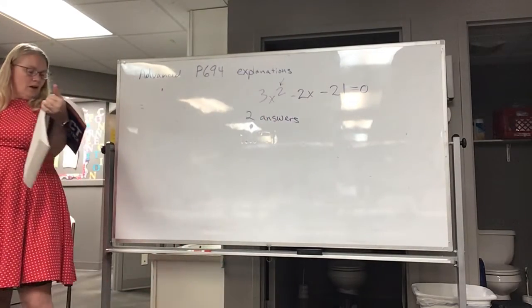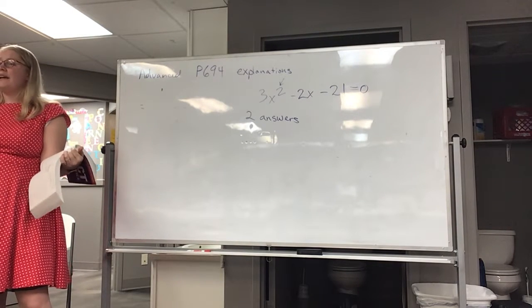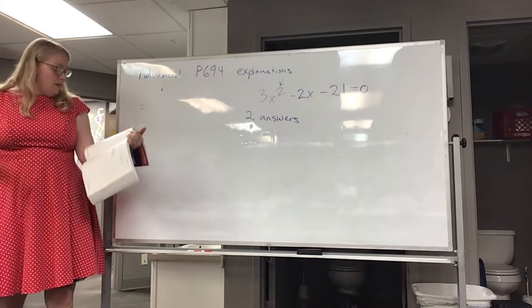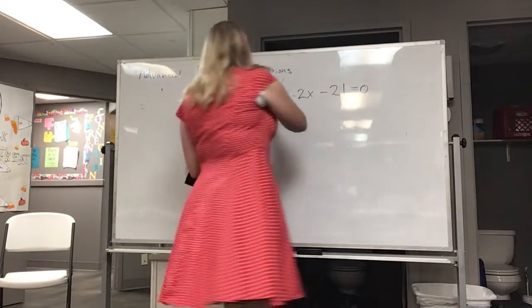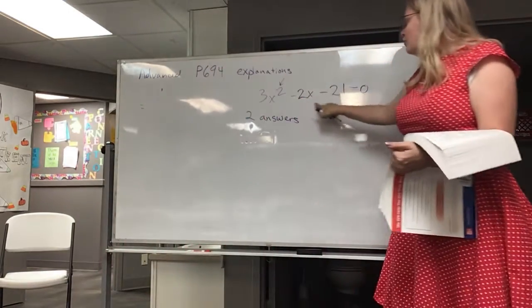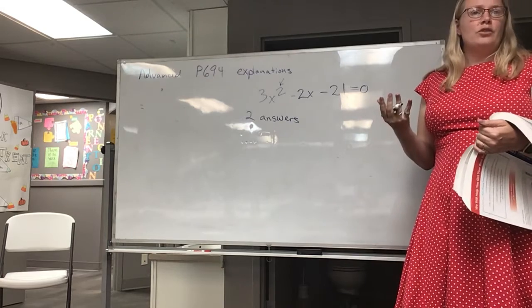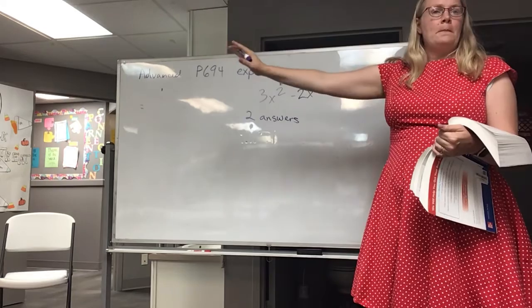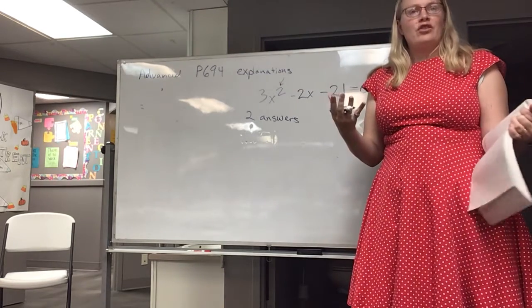Based off of the options that they give us, there are going to be two real answers. There's not any imaginary numbers going on, so that's good. The other thing to be aware of is 3, -2, and 21 don't have any common factors. There's nothing that we can pull out of all three of them. And so one of our solutions is going to be a fraction.